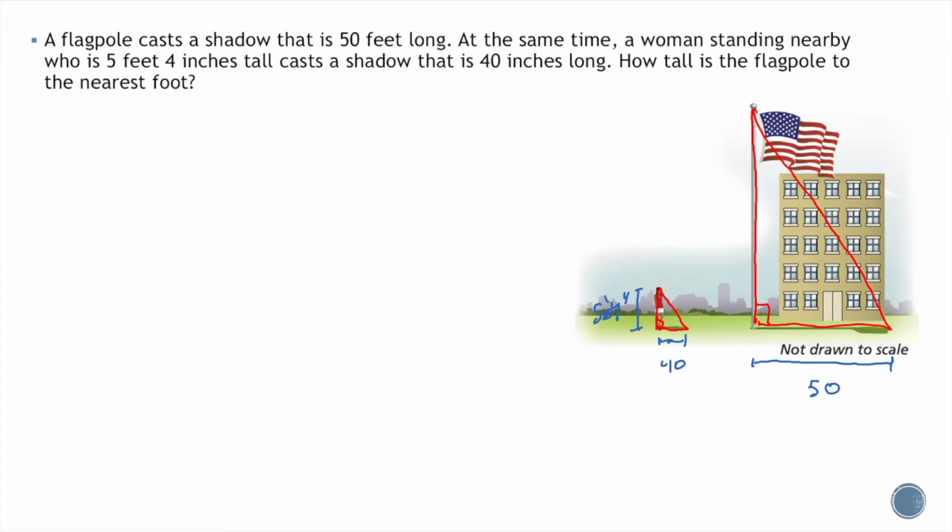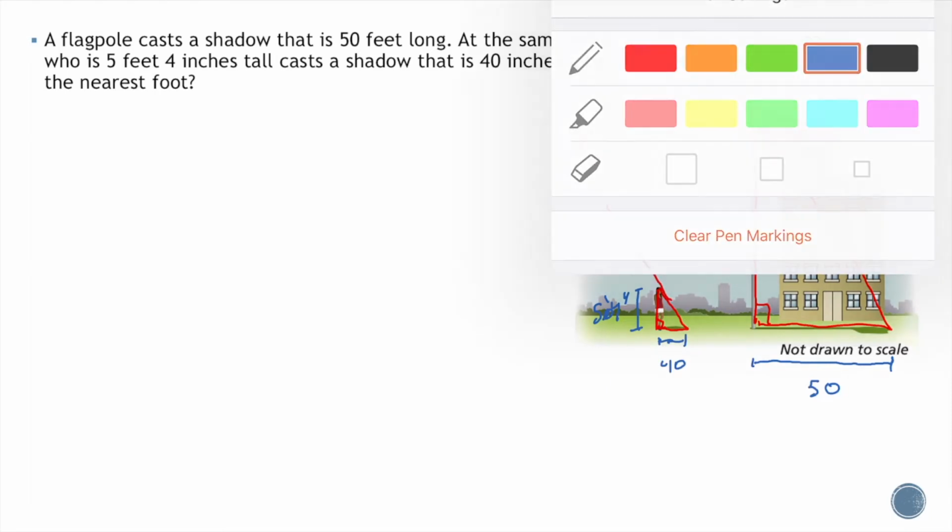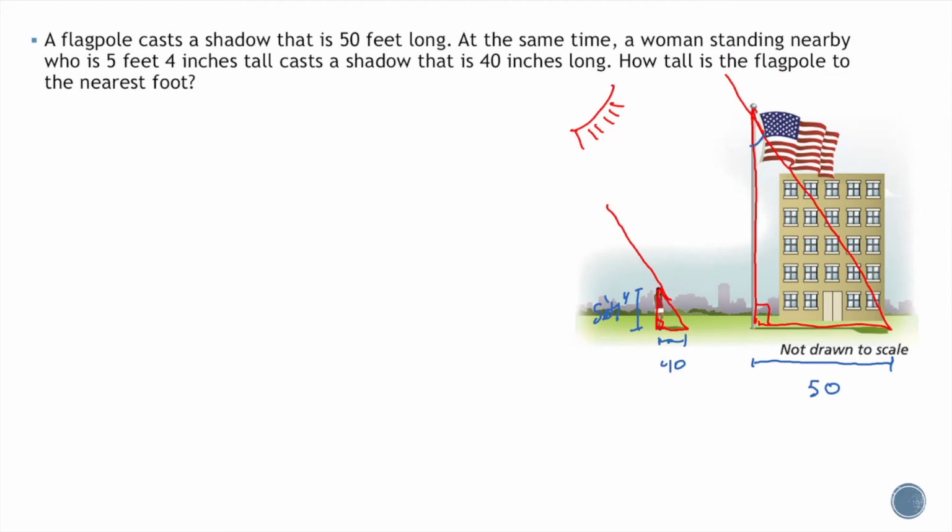This is one angle, but we do know that the sun is casting the shadow and it's shooting the rays at the same angle, straight down. And so that leaves me to know that this angle is also congruent to this angle. This is important because now I know that these two triangles are similar, so their side lengths should be proportional.